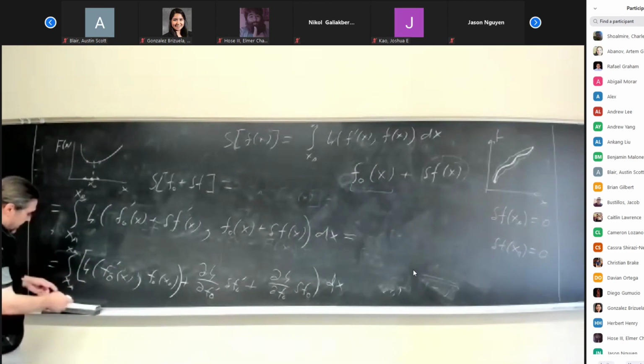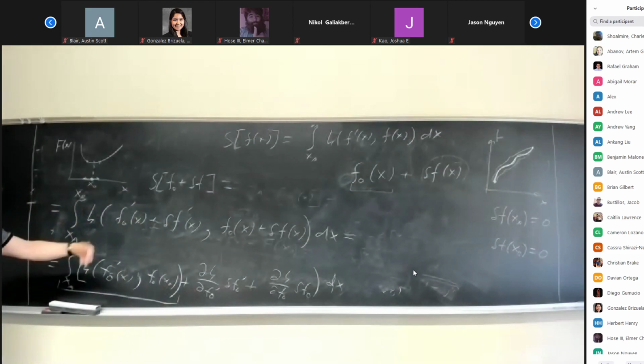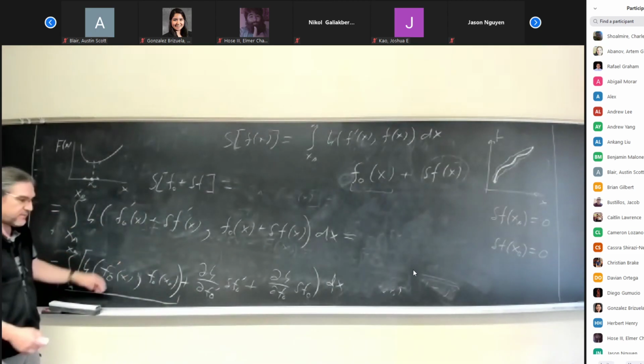But now what I see here is that this is the value of the functional when I take the integral on the function f naught.